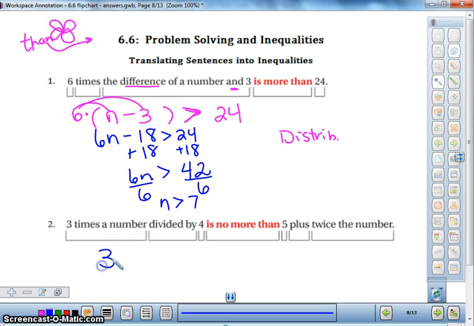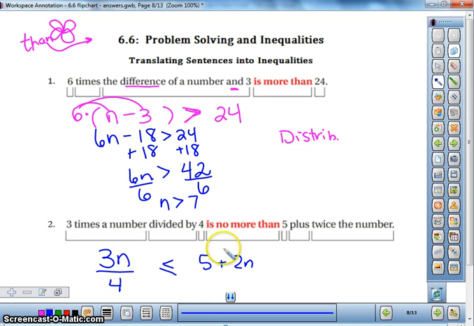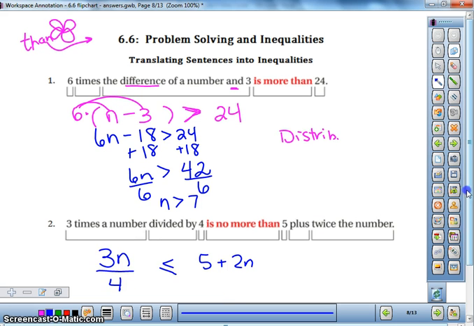What you should have had is 3 times the number. And in this case, it is divided by 4 is no more than, less or equal to 5 plus 2n. Now the key thing here is remembering when you're doing these problems, we want to get rid of our fraction.